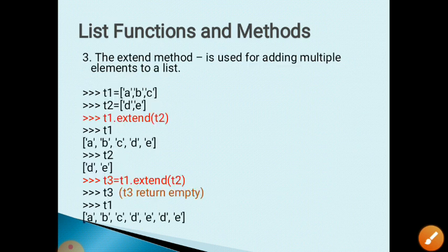Now next is the extend method. The extend method is used to add multiple elements into the list. If we want to add more than one element, we use the extend function. So we create two lists and use t1 dot extend t2, which adds the second list into the first list.